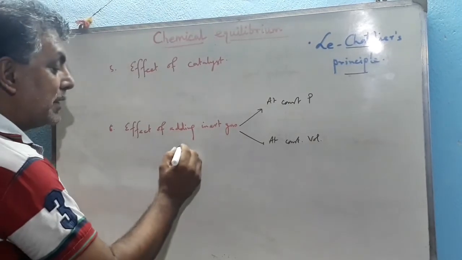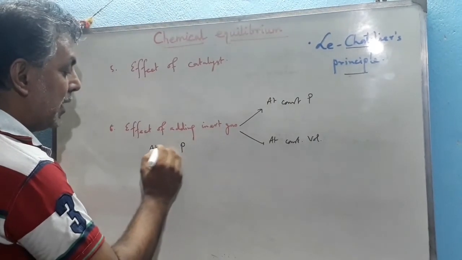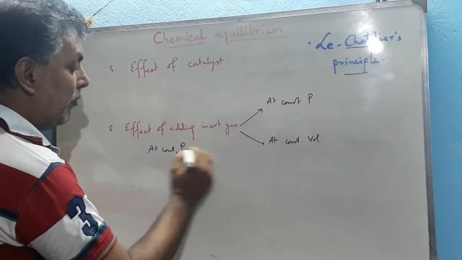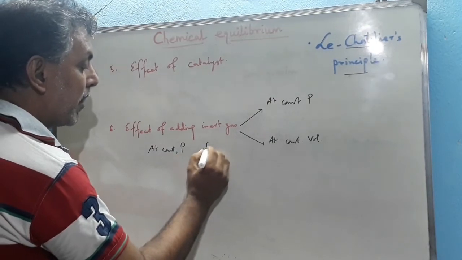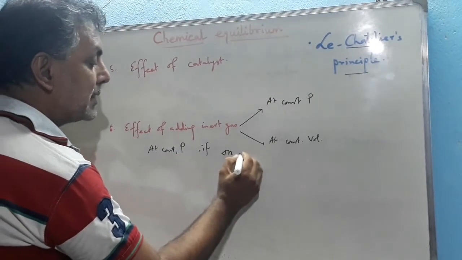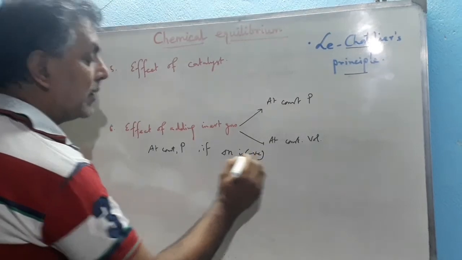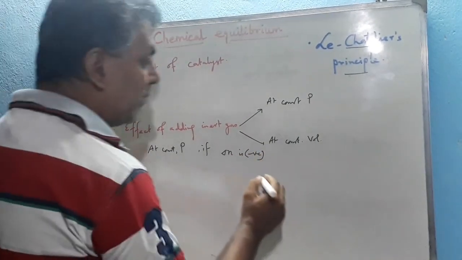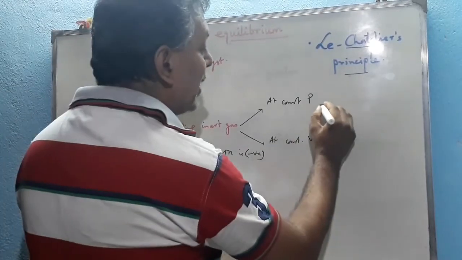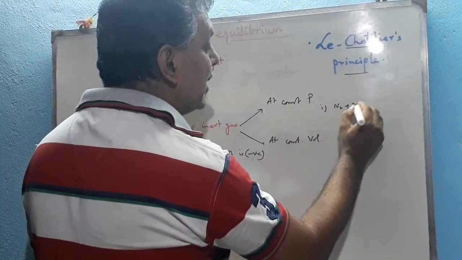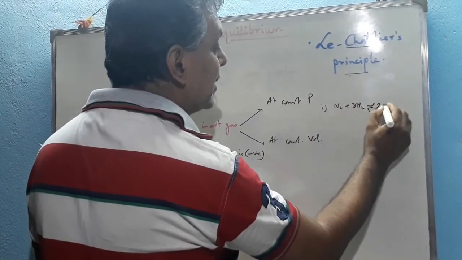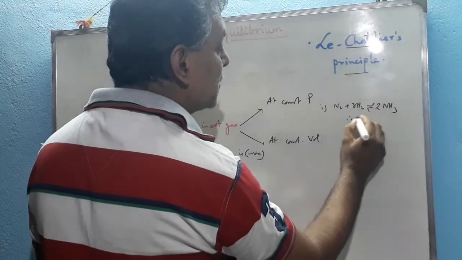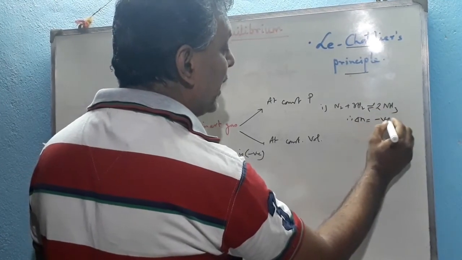Now, at constant pressure, if del N is negative, in that case, suppose in the first case N2 plus 3H2 reversible to NH3, this is the example where del N is negative.